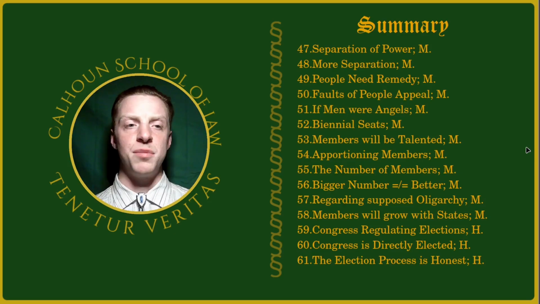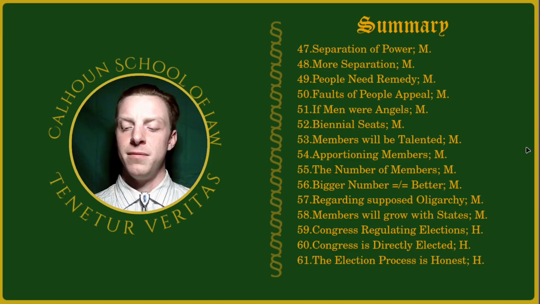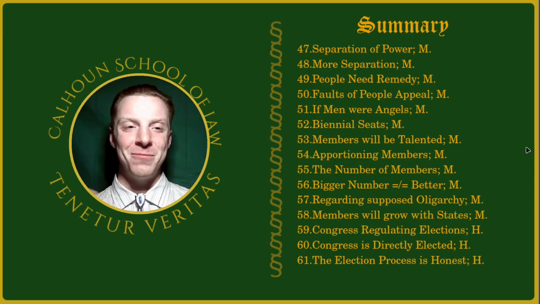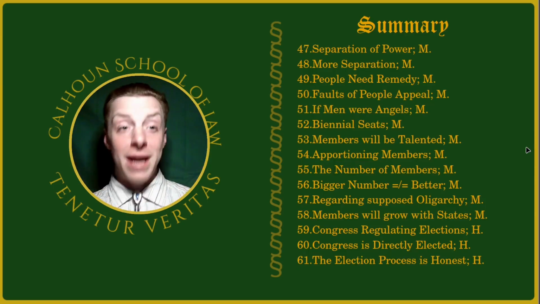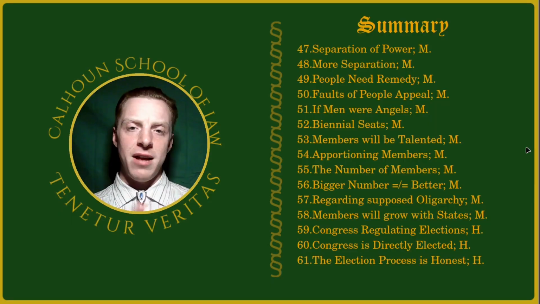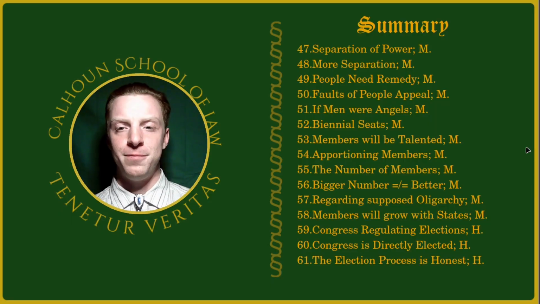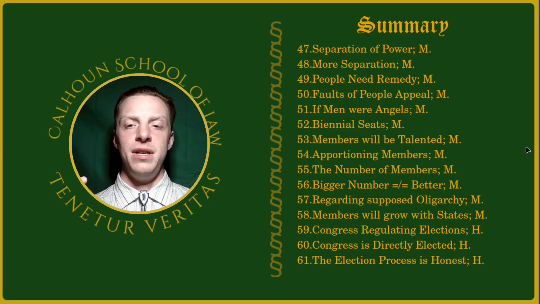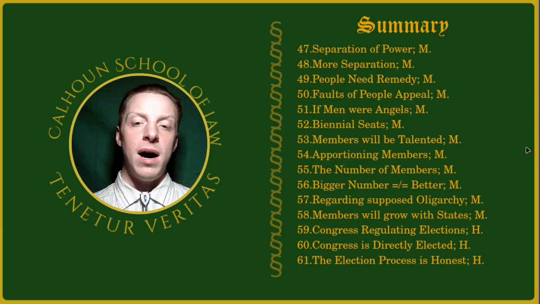Number 54, he explains why appointing members ought to be, how do you want to word it? Bifurcated, you could say. Bifurcated between the president and the Senate. Number 55, number 55. He discusses why the number of members, apportioning members, not appointing.